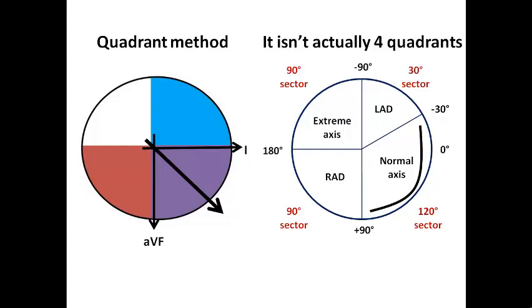And the left axis deviation is not simply between 0 and minus 90. No, it is between minus 30 to minus 90, so it is just a sector of 30 degrees. The right axis and the extreme axis is not a big deal, it is 90 degrees. So it is not actually 4 quadrants, just an important fact in understanding the ECG axis.